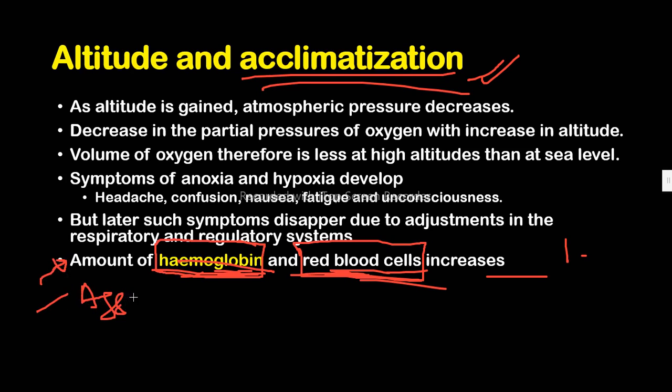We studied this as far as transport is concerned when we studied the ODC, the oxygen dissociation curve. The hemoglobin's affinity for oxygen increases, so that the hemoglobin can get saturated with enough oxygen even at very low partial pressures of oxygen.